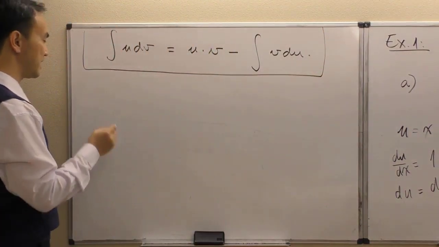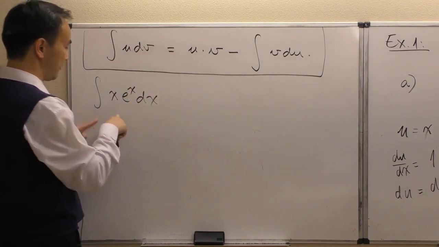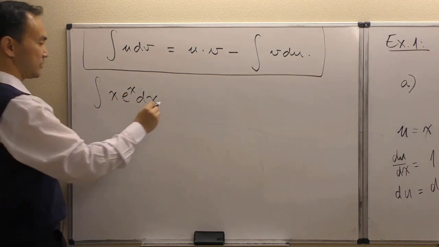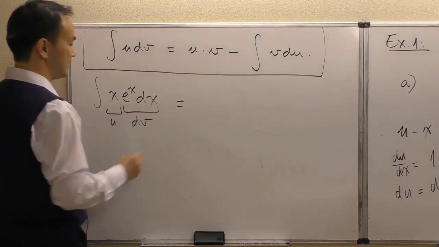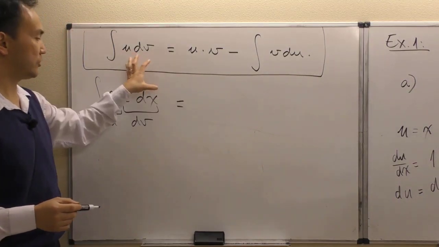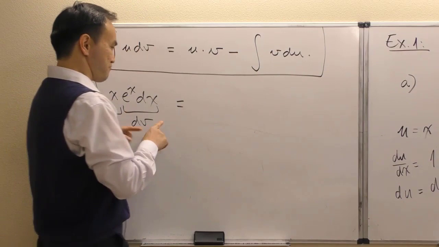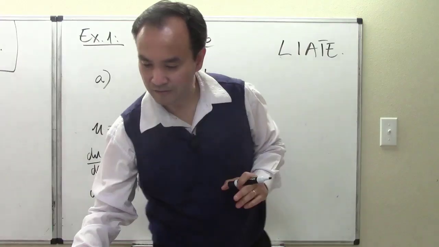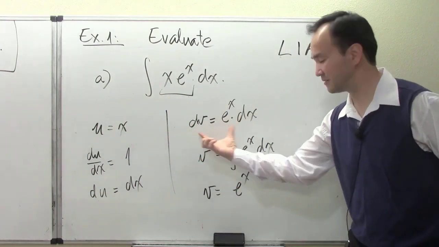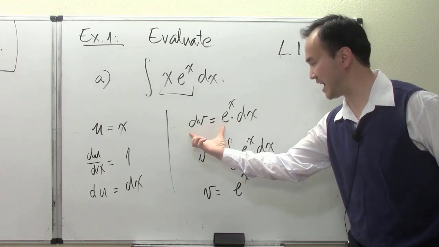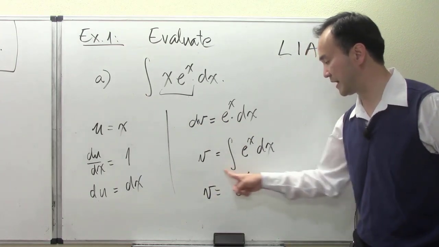Again, our starting problem was x e to the x dx, and we have already found that this is u and that here is dv. So there's no need for me to repeat that u dv here. I'm going to get straight into applying that formula. I have made my u choice to be x, and after we identified what our dv was, v was found to be e to the x.